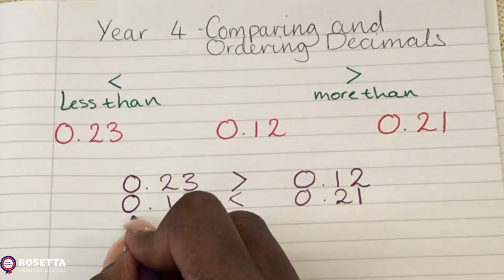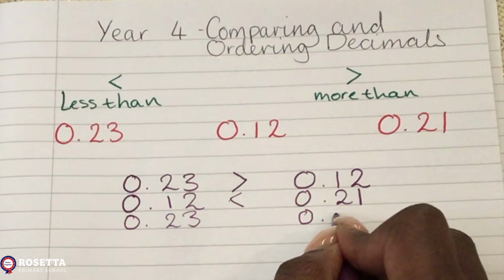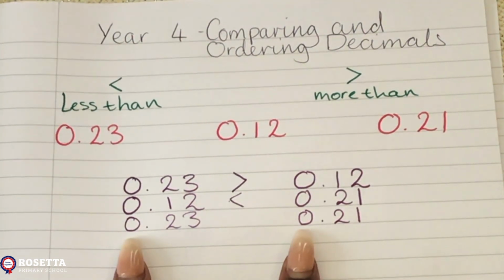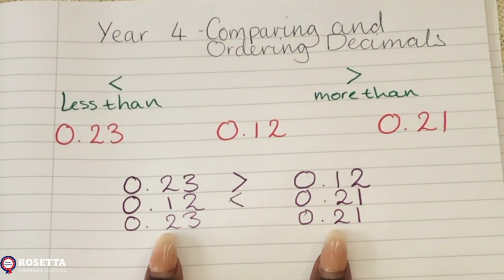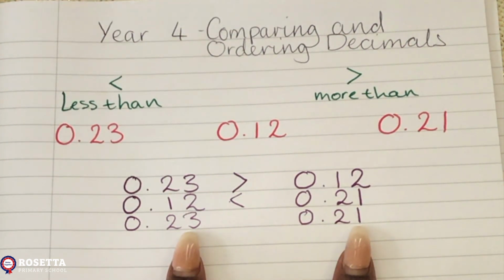We can compare one more set of numbers. Let's look at 0.23 and 0.21. Looking here, we have no ones. We move to the tenths column. This number has 2 tenths. So does this number. So this time we need to look at the hundredths column. This number has 3 hundredths.